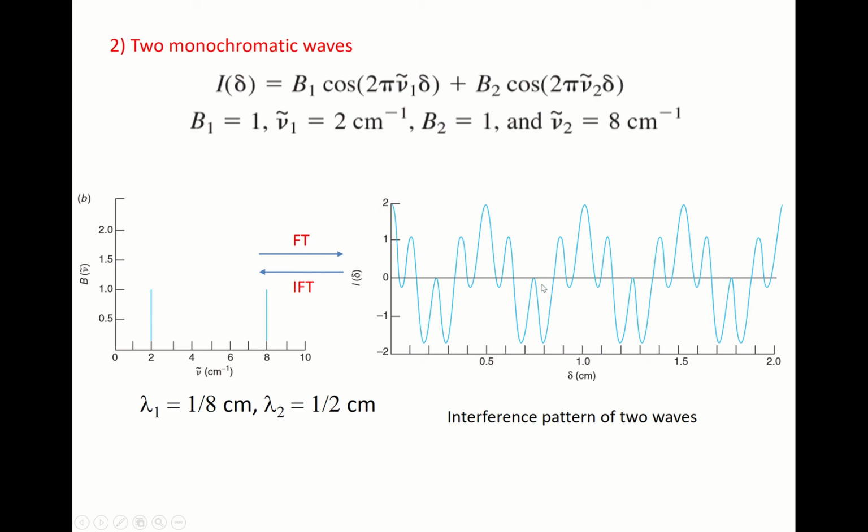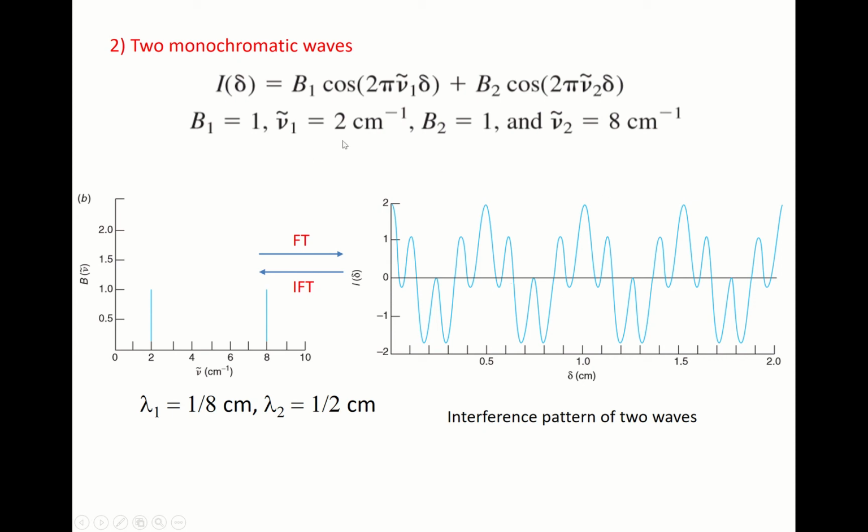Then the inverse Fourier transformation of this interferogram gives this spectrum. In this case, p1 is 1 and p2 is 1, and nu 1 is 2 inverse centimeter, and nu 2 is 8 inverse centimeter. And here, what is lambda 1?